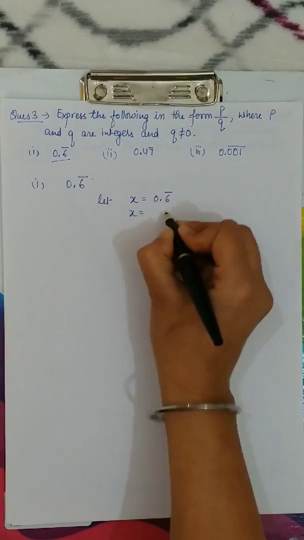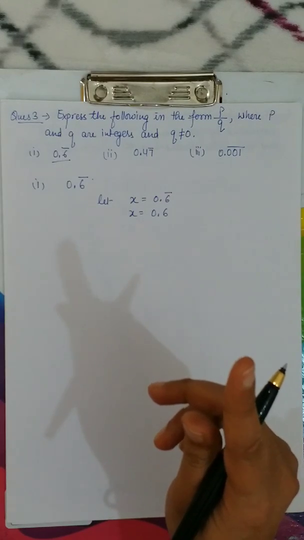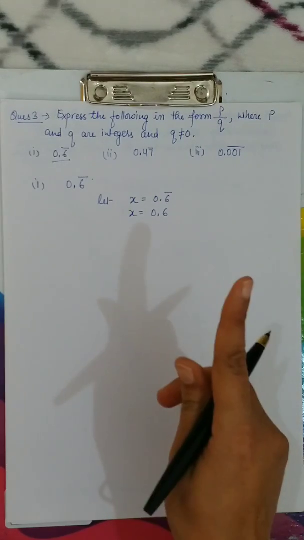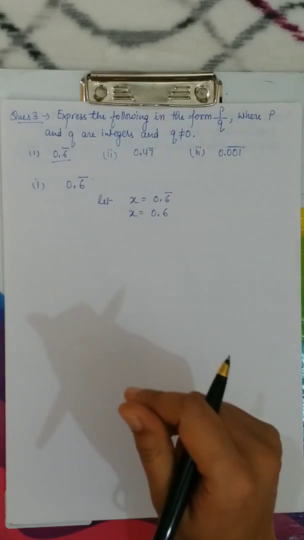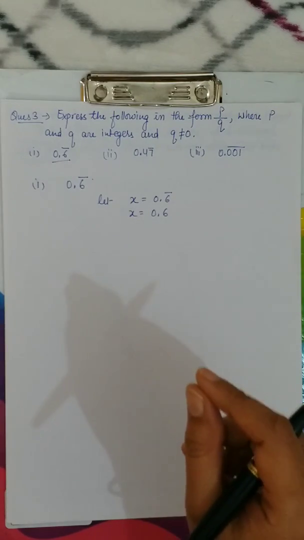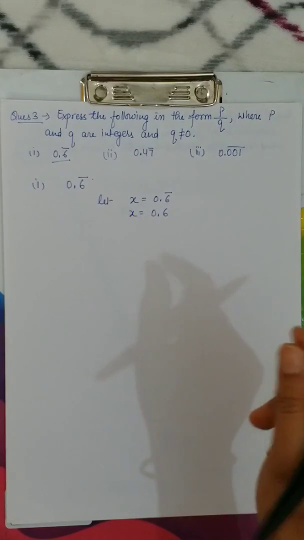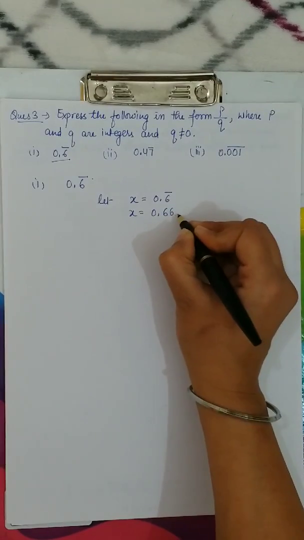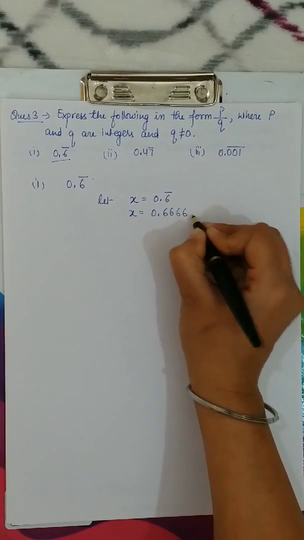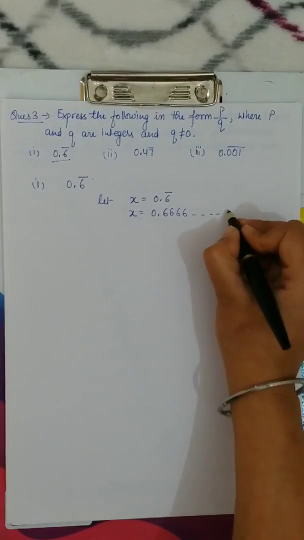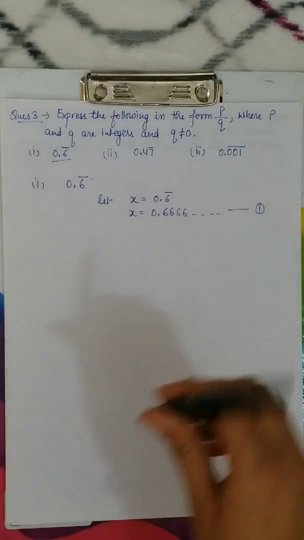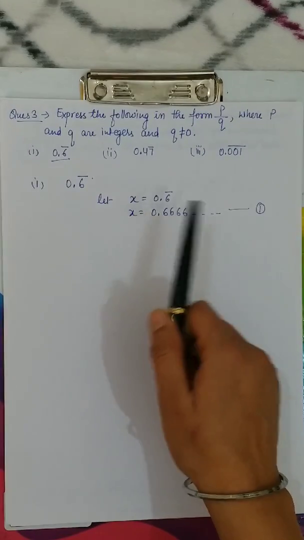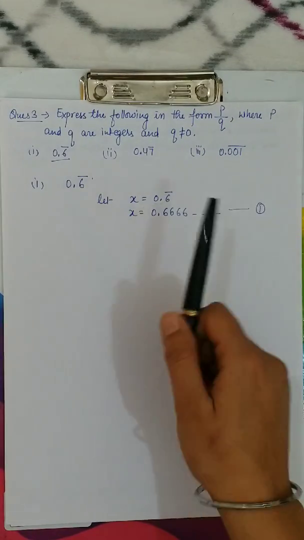Let x is equal to 0.6 bar. Now remove the bar. So it means only we have bar on 6. It means 6 repeats again and again up to infinity. When you remove the bar, you have to write 6 again and again up to infinity. So it can be written as 0.666 and so on up to infinity. Let this be equation number 1. Now check the number of digits which repeats again and again.